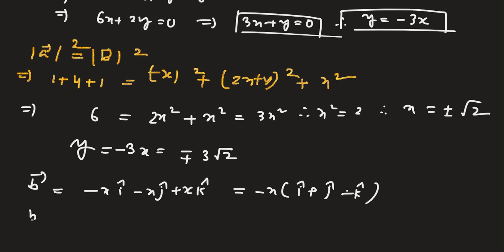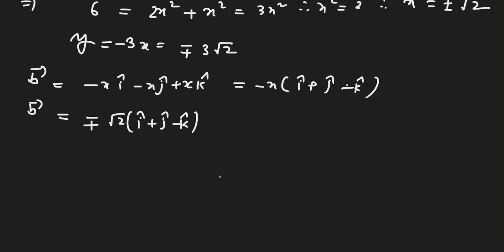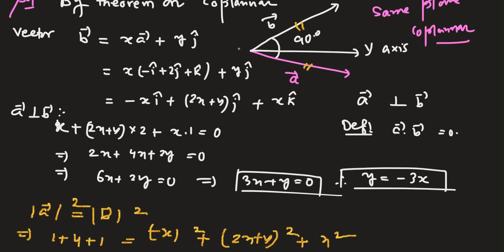Now we put the value of x, which is plus and minus, so before that minus is there, so minus plus root 2 times (i plus j minus k) vector. So b vector has two values, so we have to select which one is correct. Remember in the diagram the angle between a and b is 90 degrees, and this is also an acute angle.